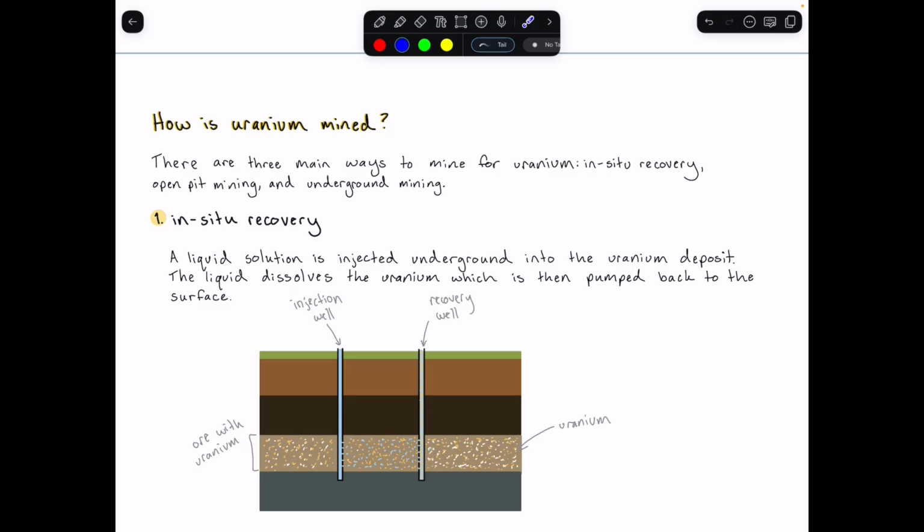The liquid containing the dissolved uranium is then pumped back up to the surface through this recovery well or production well. At the surface, the uranium is separated from this chemical solution and then processed into a uranium concentrate. One of the benefits of this mining method is that it leaves the region mostly undisturbed in comparison to other mining methods.